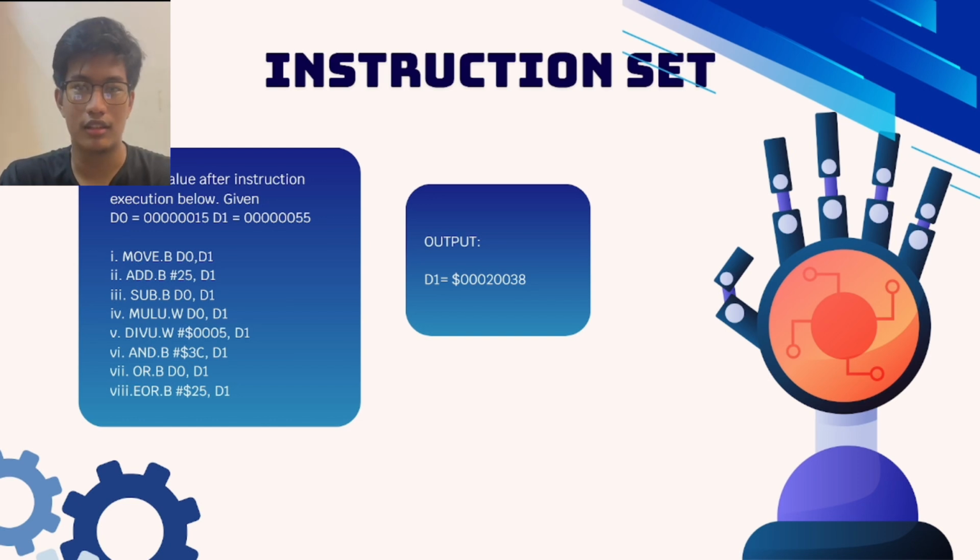For the sixth instruction, D1 low byte is 9B.